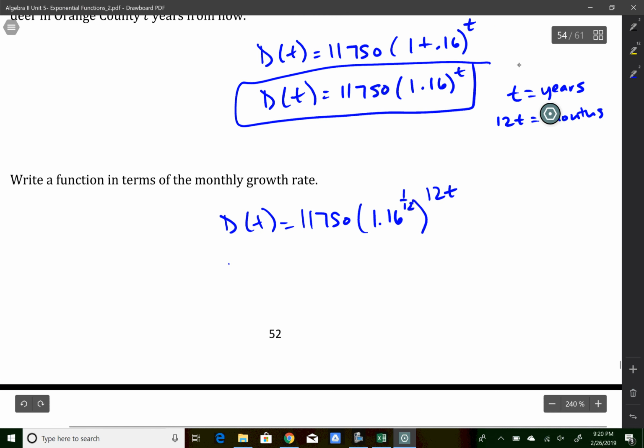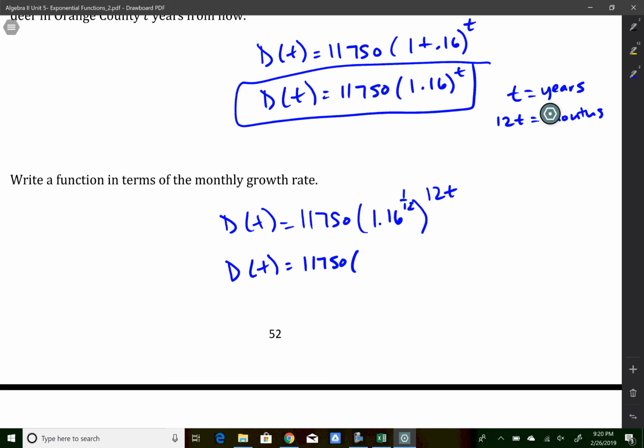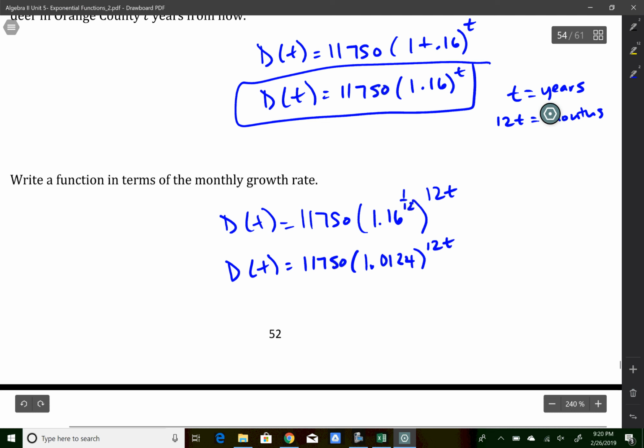So now I can say d of t is equal to 11,750 times whatever that is, 1.16 to the 1/12th power. So that gives us 1.0124 to the 12t. So now this is in terms of the monthly growth rate instead of the yearly growth rate.